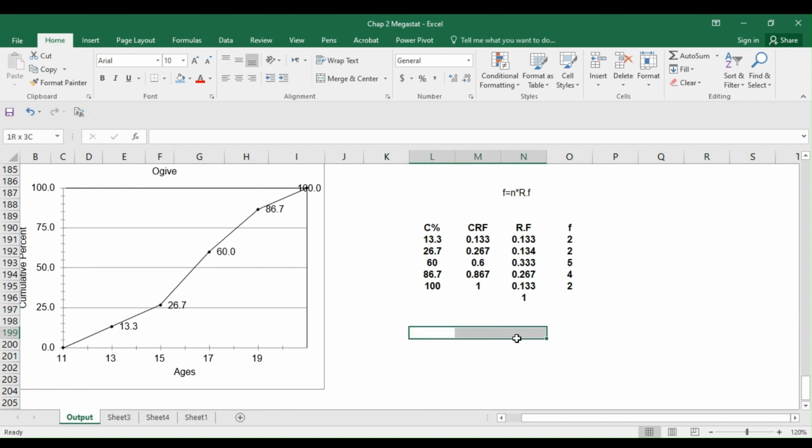Now another thing which I would like you to understand is I need the frequency between, let's say, 17 and 19, less than 19. So you will take the cumulative percentage for both 17 and 19 and subtract. So it is 86.7 minus 60, which equals 26.7.